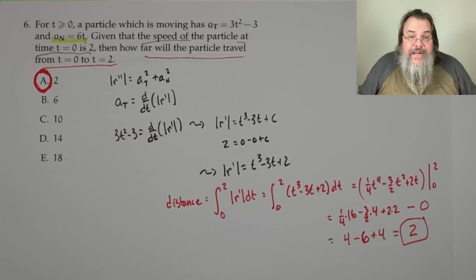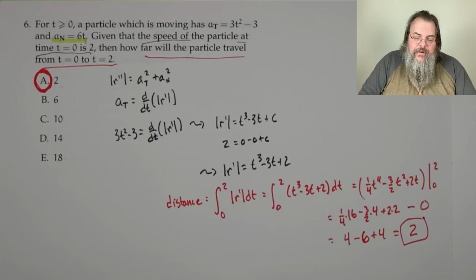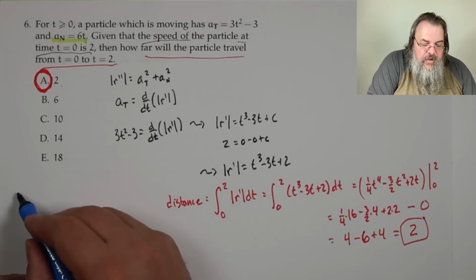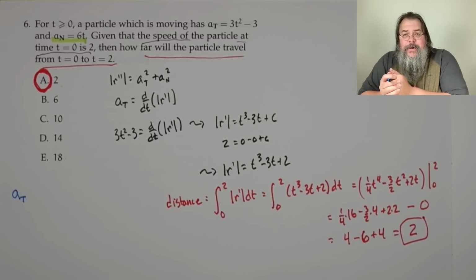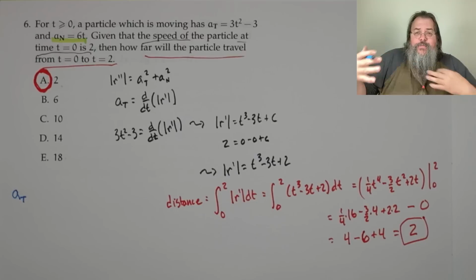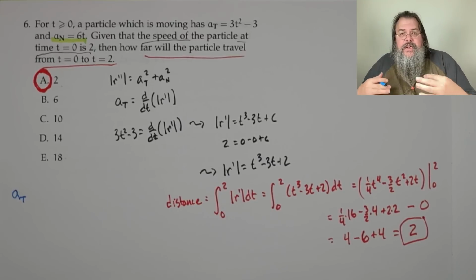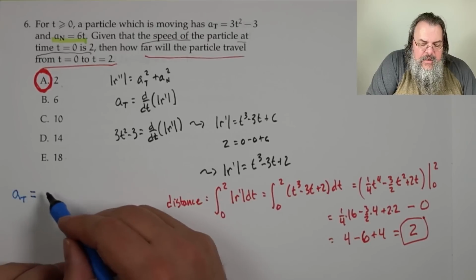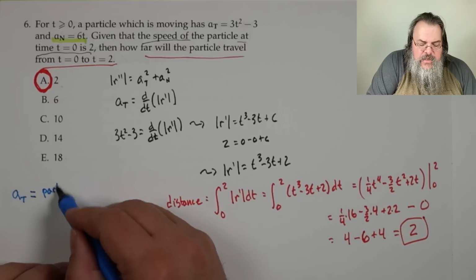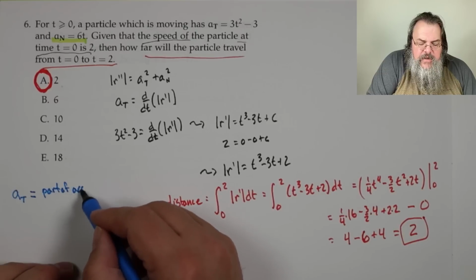I'll make a little side comment here, because I think this is sort of an interesting idea. So we talk about a sub t and a sub n. It's the thing that's with motion and the thing that's perpendicular to motion. So a sub t, another way to think about it is the part of acceleration that affects speed.